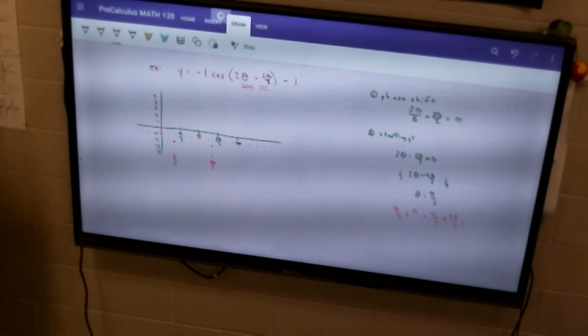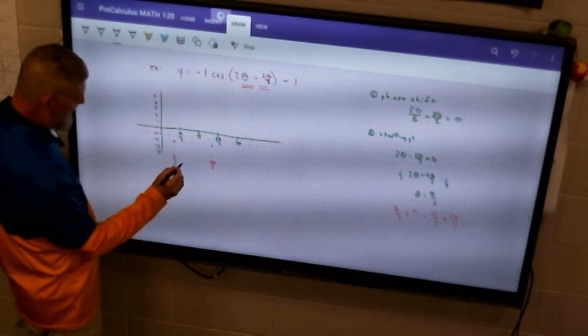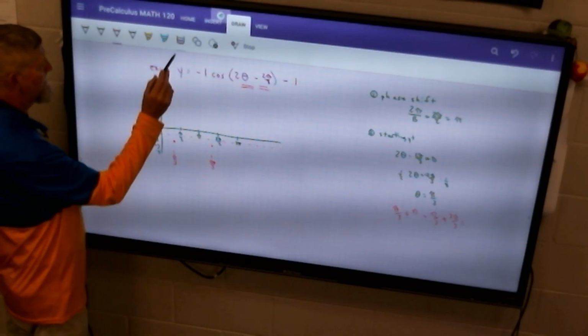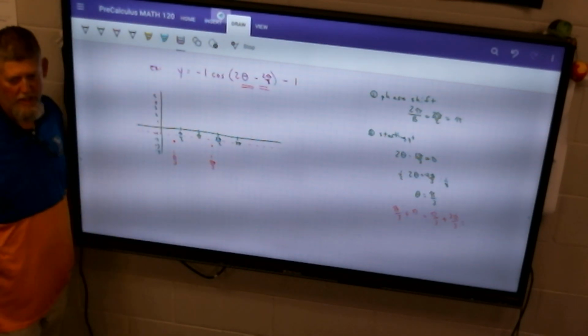The maximum. Okay, but what's smack dab in the middle of pi over 3 and 4 pi over 3? So it's 2.5 pi over 3, which is really ugly.